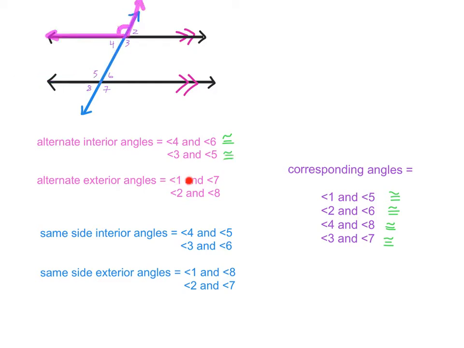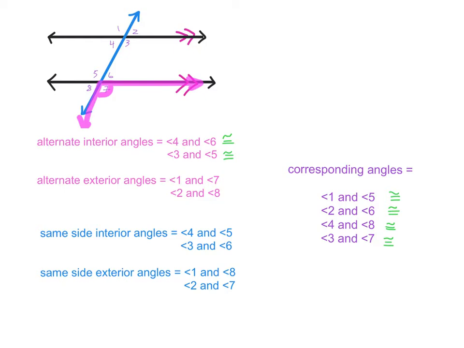Okay, so let's see about angles 1 and 7, our alternate exterior angles. Alternate interior angles, they both came out congruent, but how about these guys? So I've gone ahead and marked 1. Let's see what happens. 1 and 5, we know they're congruent because they are corresponding angles, and of course my lines are parallel. But 5 and 7 are congruent because they're vertical angles.